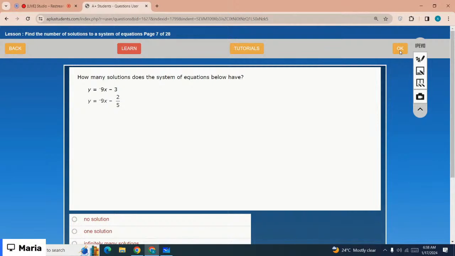The system has no solution, right? The correct option is no solution.